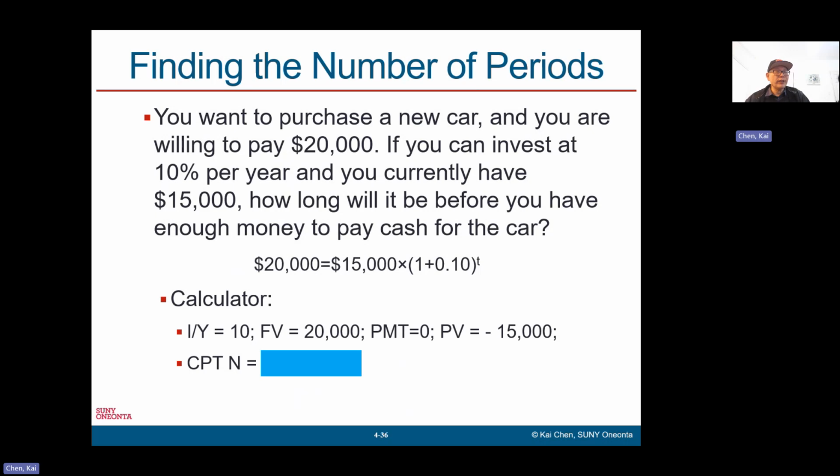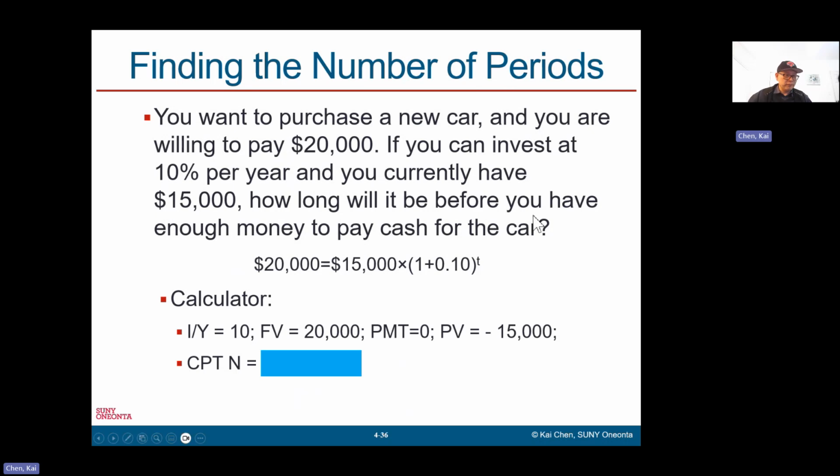Now let's look at the second example. In this example, we're going to find out the number of periods, the life of an investment, or the length of an investment process.